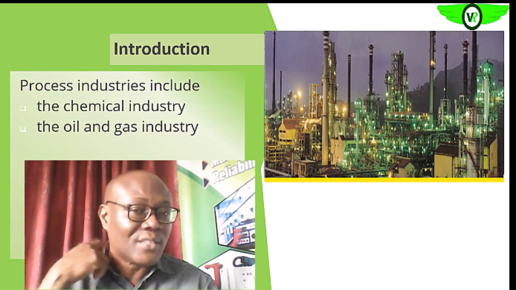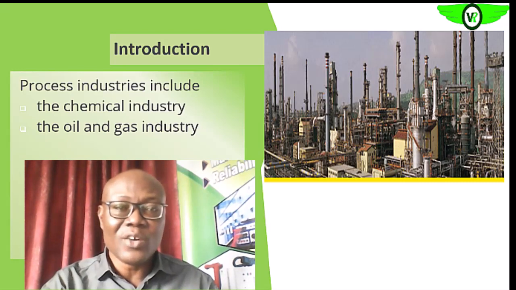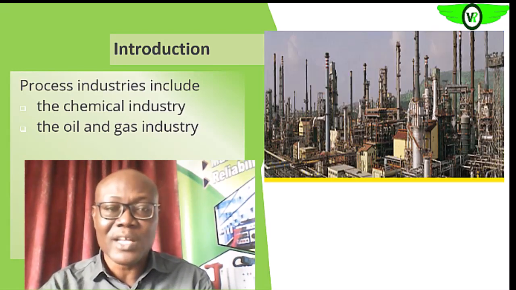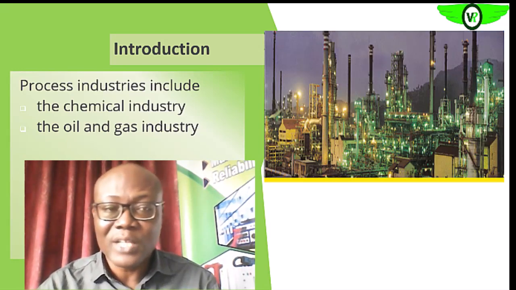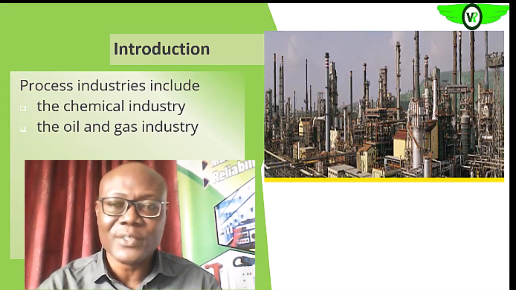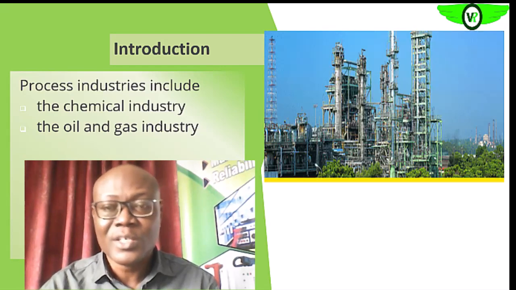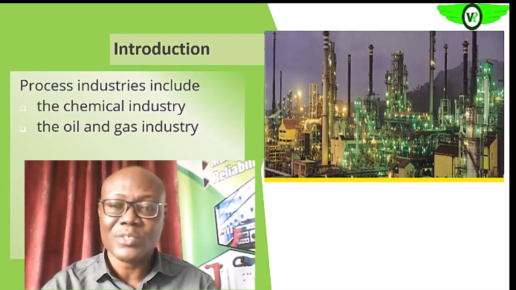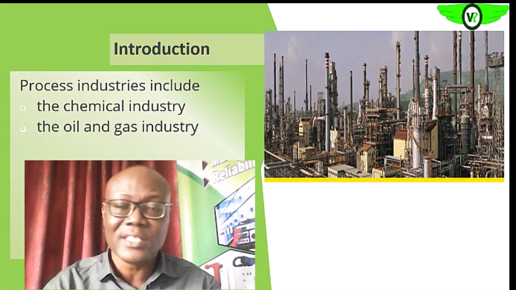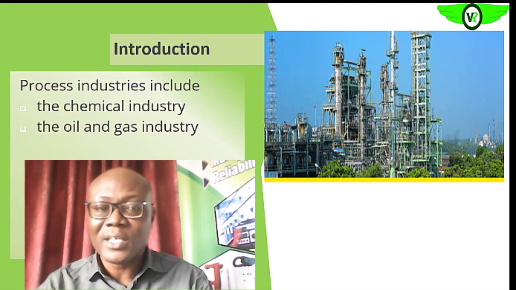So you see that we actually need to control the processes in order to get the specification of this petroleum product that we actually need out of those processes. Then we also have the refining industry and also the marketing and distribution. So for all of these sections of the oil and gas industry, the processes need to be monitored and controlled.